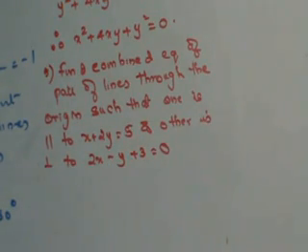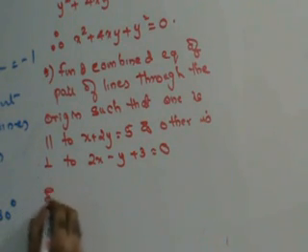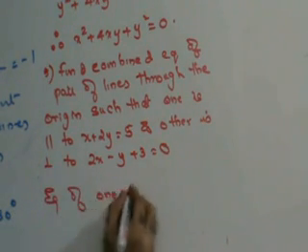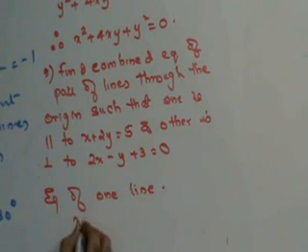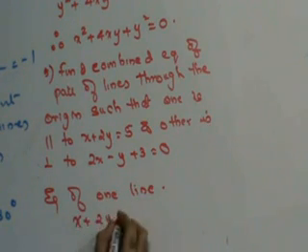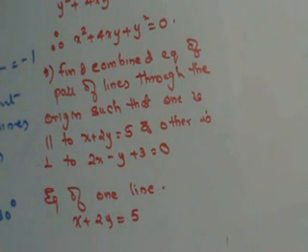Right? Let's see this. Equation of one line is x plus 2y is equal to 5.